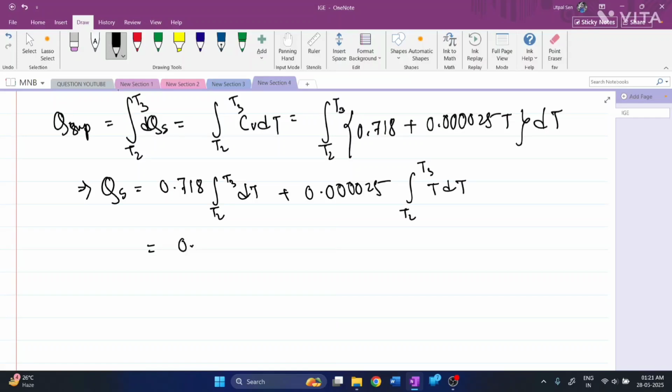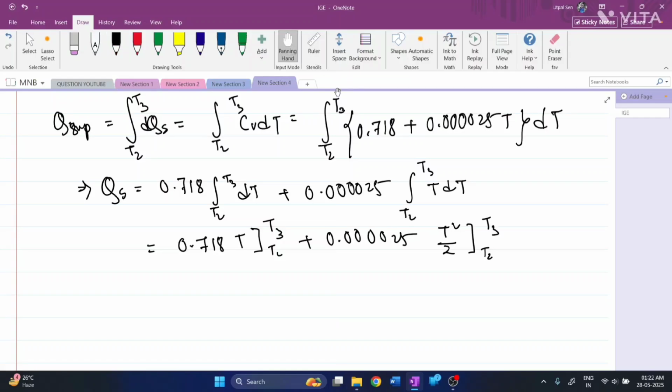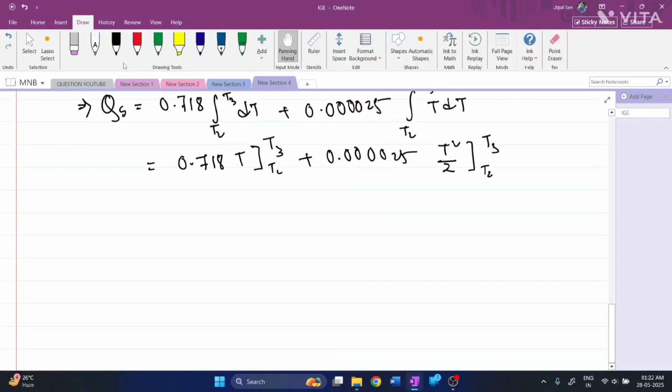Simple integration takes place here: 0.718 T from T2 to T3, and 0.000025 integration T square by 2 from T2 to T3. As it is a definite integration, there will be no constants here. We have the T2 and T3 values.